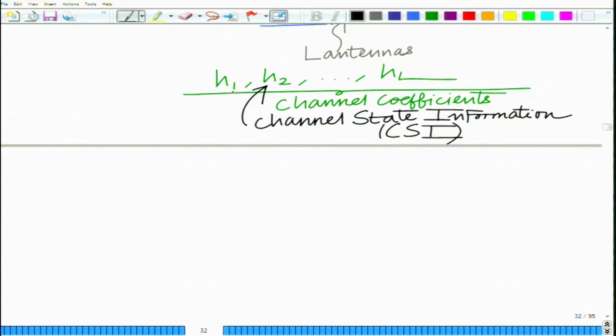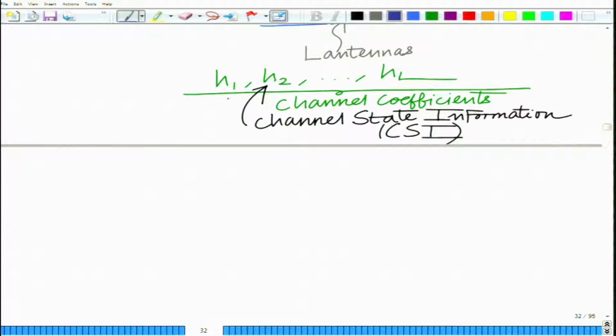Now, this knowledge is important. To develop enhanced signal processing schemes, we need knowledge of these channel coefficients, or the channel state information, at the receiver, to develop schemes that yield improved performance after signal processing at the receiver.